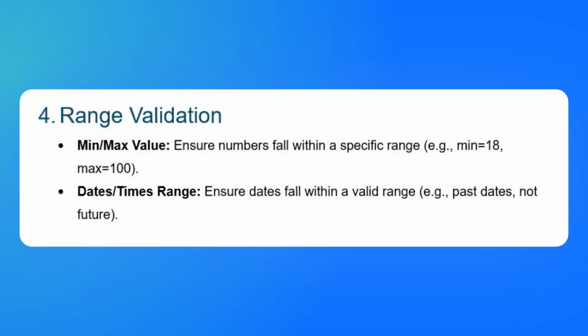In the case of range validation, we need to make sure the value is within the specified min max range. For example, if it is 18 to a maximum of 100, the value should be between 18 and 100. Date time ranges ensure the date falls within the valid range, for example, past date, not future.